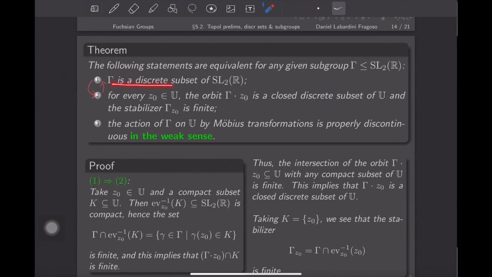So I'm assuming that this is not the case, and I want to prove that this is not the case, right? So I want to prove that either the orbit is not closed discrete, or the stabilizer is infinite.